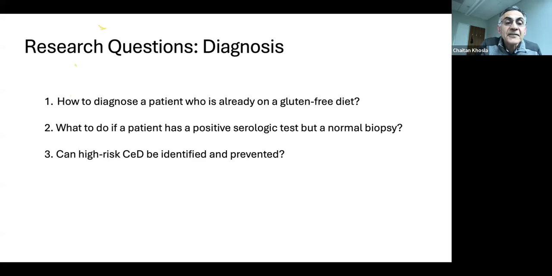I think the best simple answer I can give you to question one is, I personally believe there will come a day when we can answer this question for the simple reason that those T cells that I talked about that are sine qua non of celiac disease, those inflammatory T cells that recognize gluten in the context of HLA-DQ2, those cells exist in a celiac patient's gut, whether or not that patient is seeing gluten.